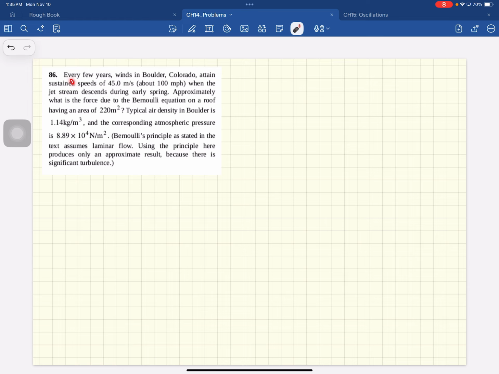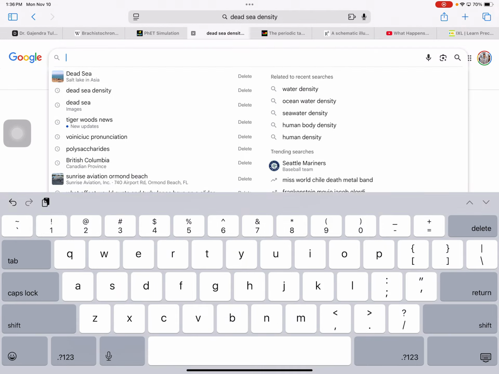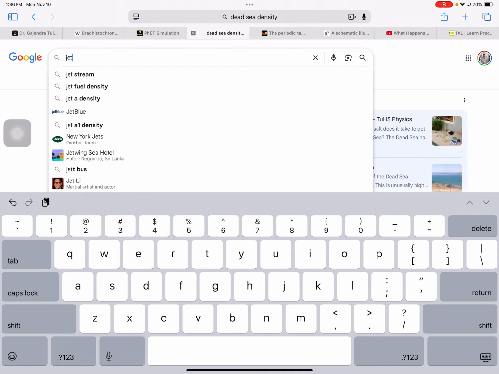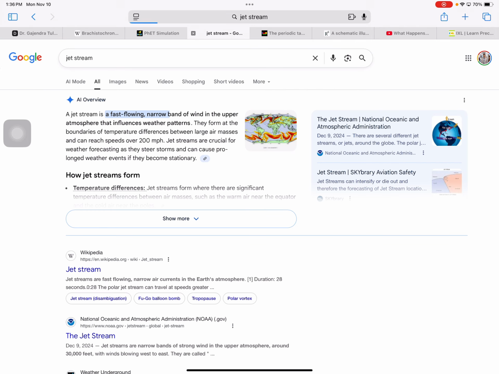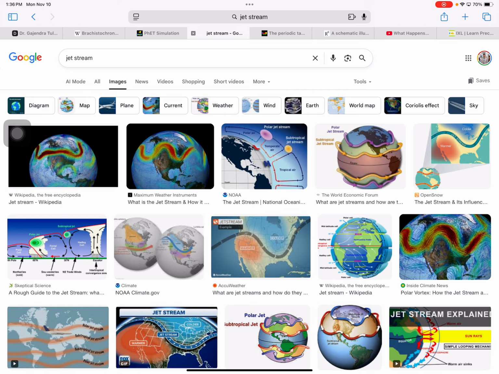All right, this problem says every few years winds in Boulder, Colorado attain sustained speeds of about 100 miles per hour when the jet stream descends during early spring. You guys know jet streams are flowing rivers.